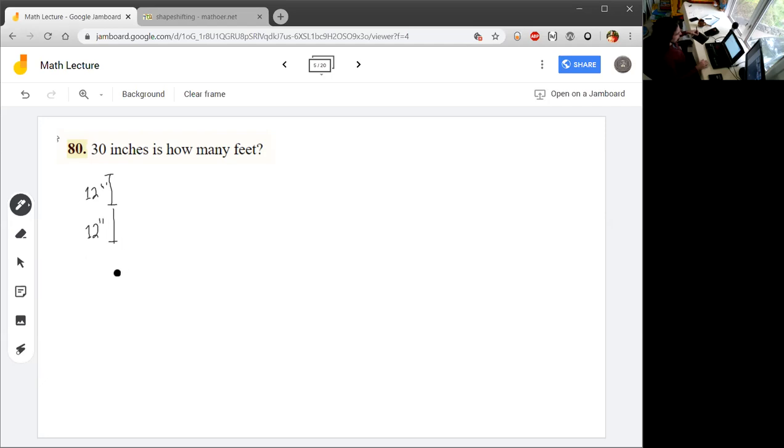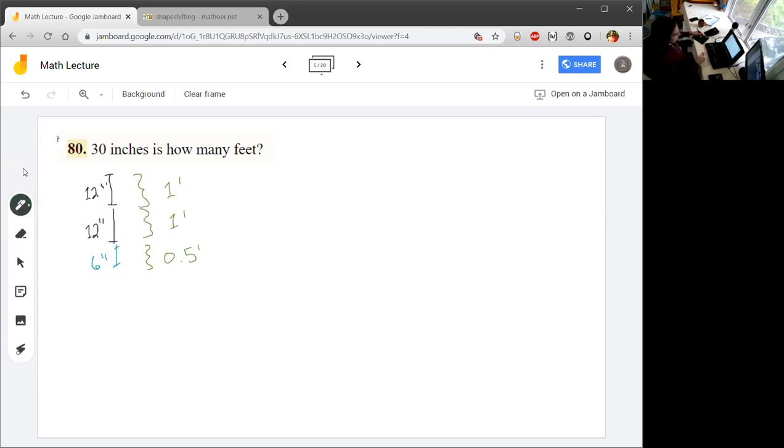Do I have 12 more to make 36? No. What I actually have is just 24, 30, so 6 inches left. So now I'm combining these together. These will all become 1 foot. These will all become 1 foot. And this can be half a foot.